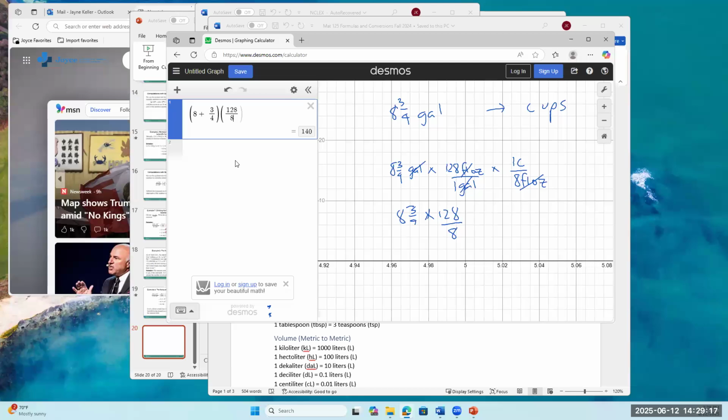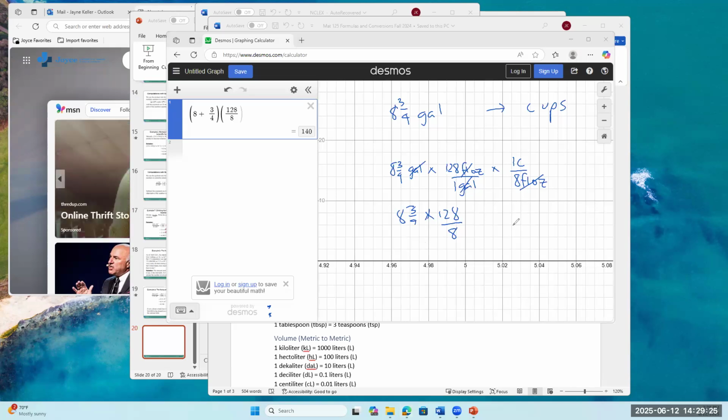And yeah, it's not too bad, because this as an improper fraction would be, let's see, 8 times 4 is 32, so that'd be 35 over 4. Whoops, why did I write 8? Because I was thinking ahead. 35 over 4 times 128 over 8. And then I can do some simplifying and so forth.